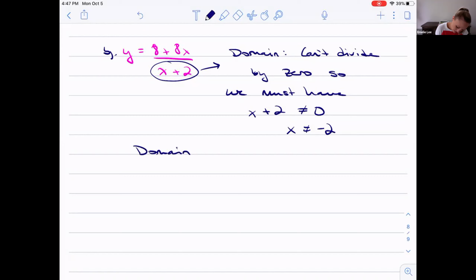So our domain, if you want to use fancy set notation, set builder notation, is the set of all x's such that x is not equal to negative 2. You could incorporate the set of real numbers and then pull out the negative 2, but this is just how I would write it.